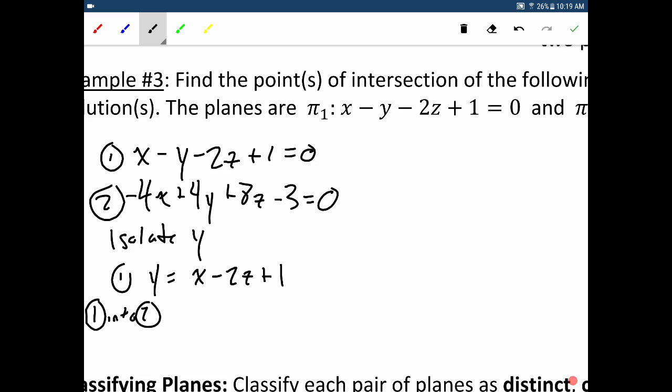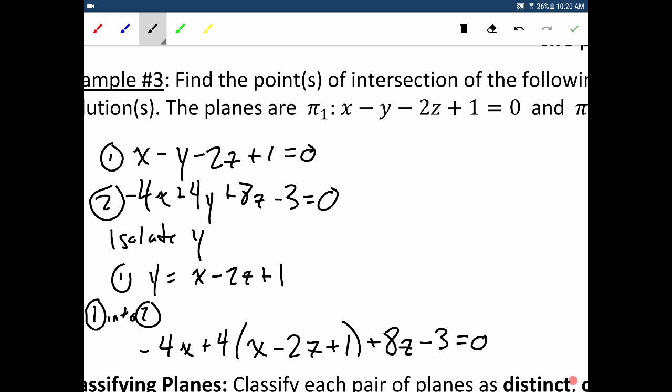Okay, and so I'm going to sub 1 into 2. And so I will get, let's see, negative 4x plus 4 times (x minus 2z plus 1) plus 8z minus 3 equals 0.